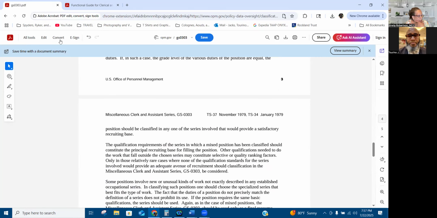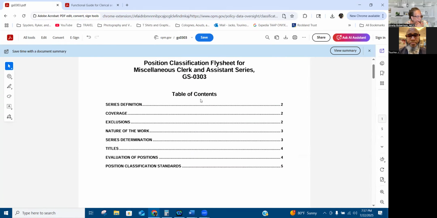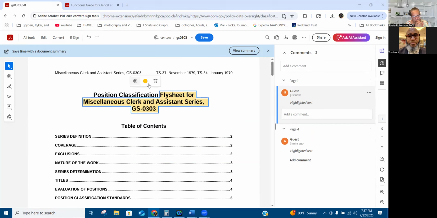If this PSA is sounding like something medical, there could be a health technician or a medical assistant, and you may want to use another guide for it. So the first thing you want to do is make sure that when you read the position description, the work is strictly clerical and assistance work.